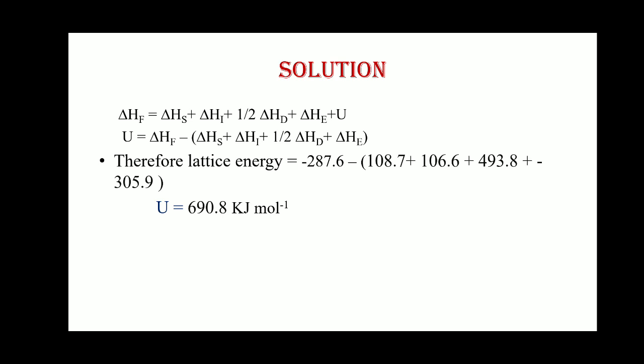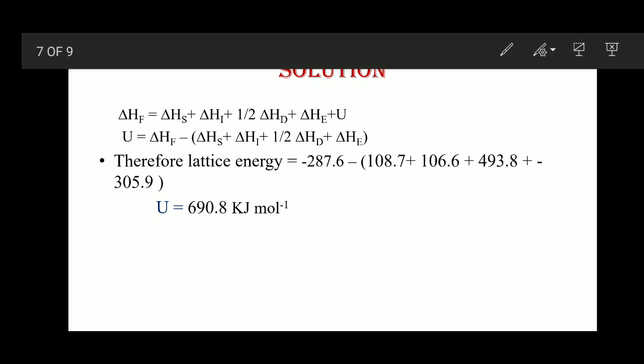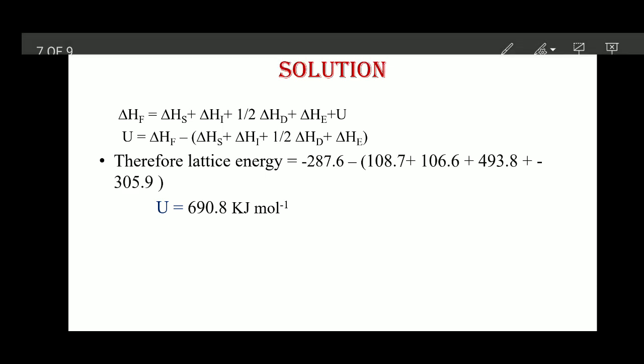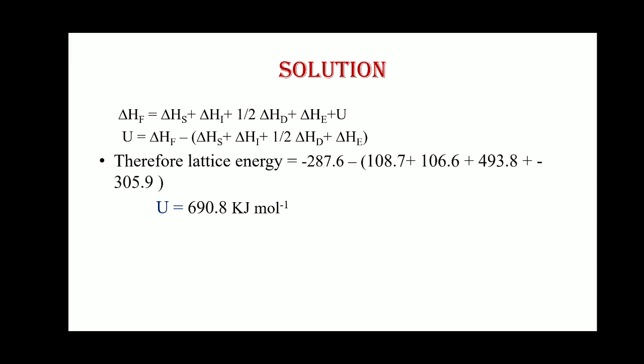So delta HF minus, we keep all these factors inside the bracket. Now putting all the values in this formula, we get the lattice energy U, which is equal to 690.8 kilojoules per mole.